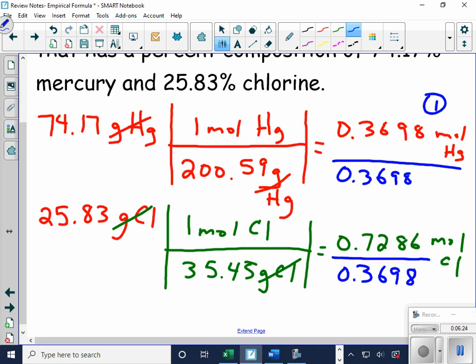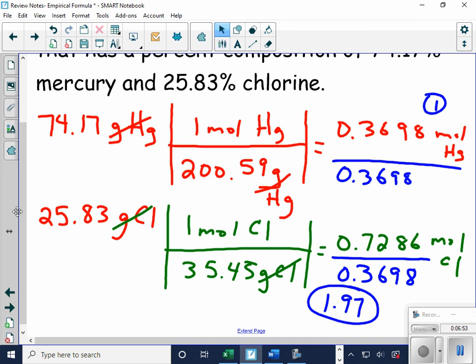When I divide the 0.7286 by 0.3698, I can see that's roughly a 2-to-1 ratio, isn't it? I divided that out and I get a value of 1.97. So now I have to ask myself, is that 1.97 pretty close to a whole number? What would be my whole number it'd be close to? 2, right?